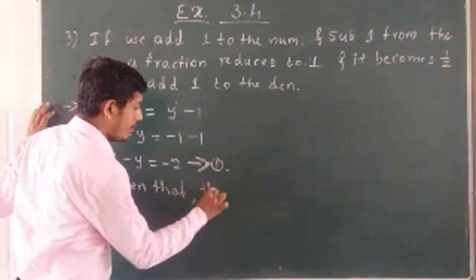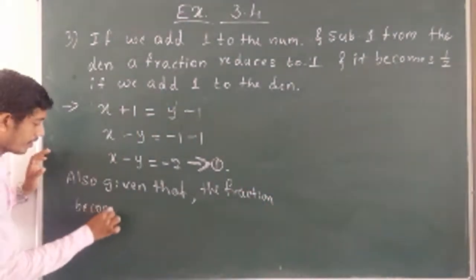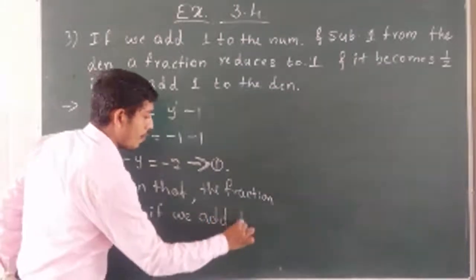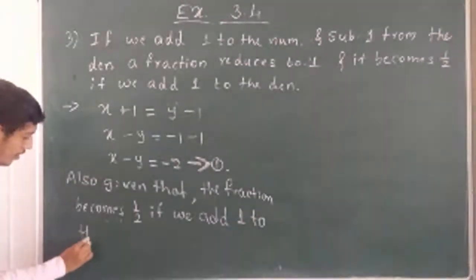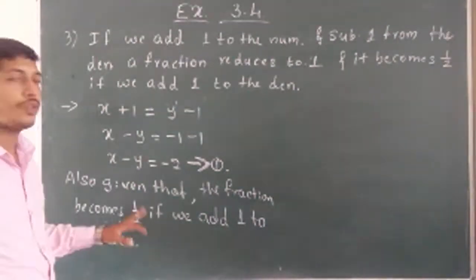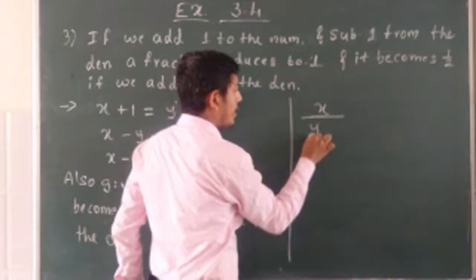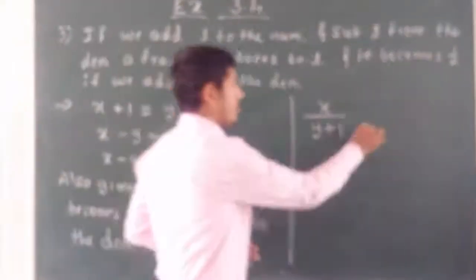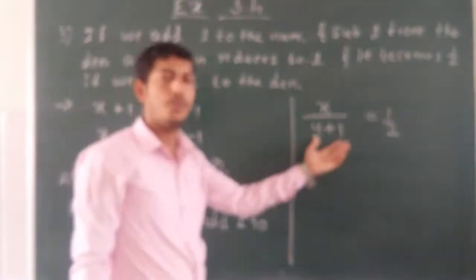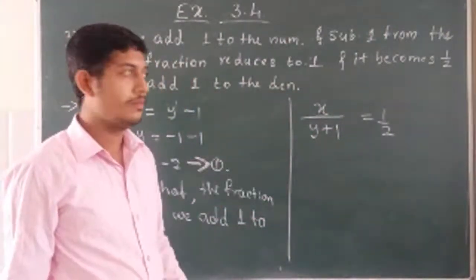So the numerator x remains the same, and I add 1 to the denominator, so the fraction becomes x divided by y plus 1, and that value is 1 by 2.